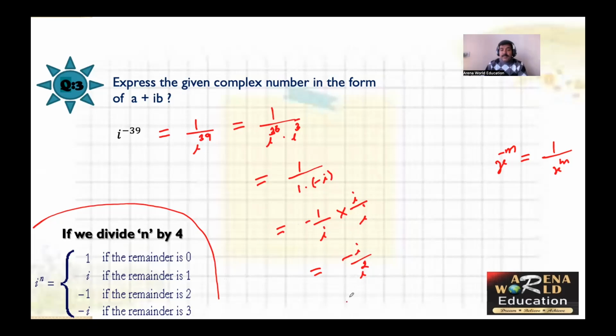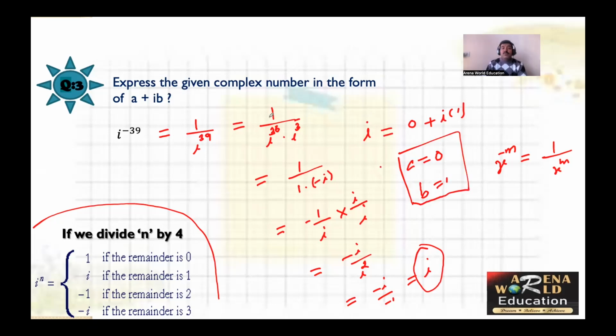So this becomes minus iota upon minus 1, which is simply iota. And if you want to write iota in the form of a plus b iota, this can be written as 0 plus iota into 1. Right? So here a will be 0 and b will be equal to 1.